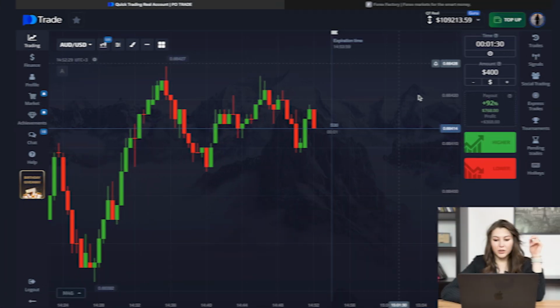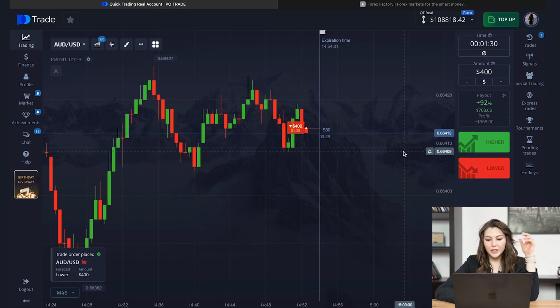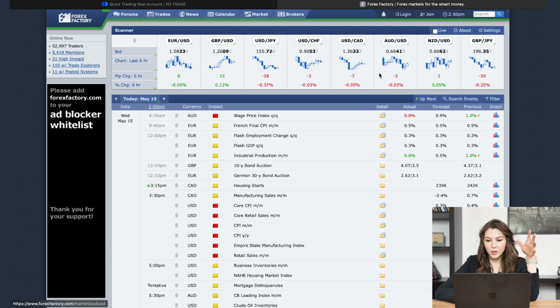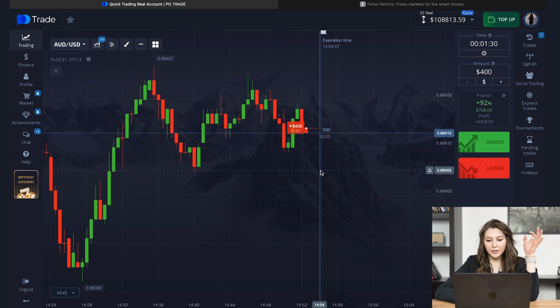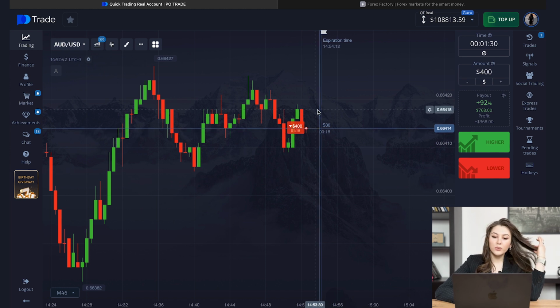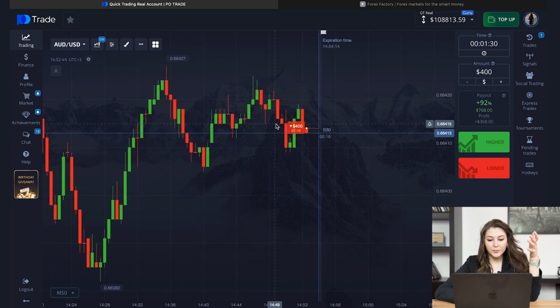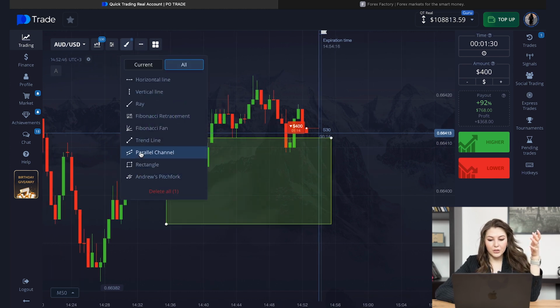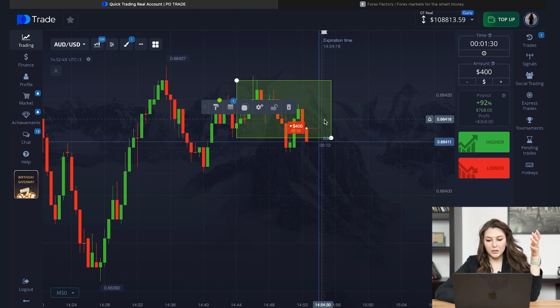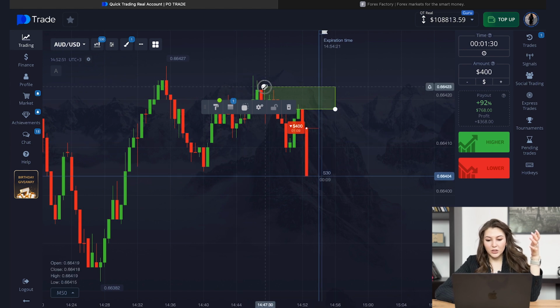So let's make one more trade. Okay guys, so let's continue. Let's put here for the lowering, because as we can see, these currencies are in the lowering position on the market, and as you can see, we're working with the curves right here. Also, we have this resistance zone, very nice resistance zone right here.